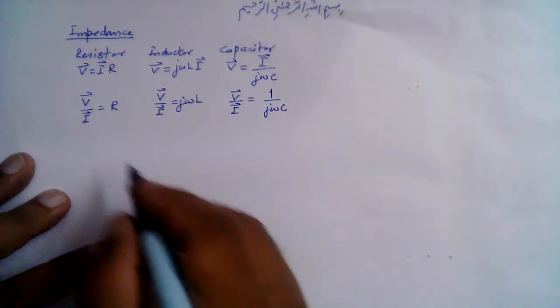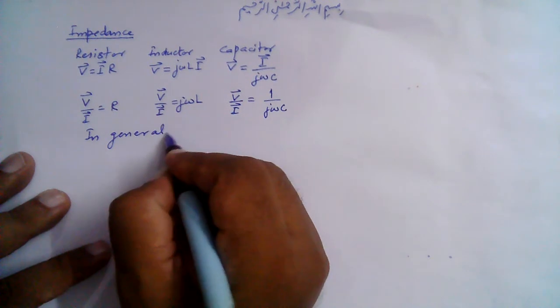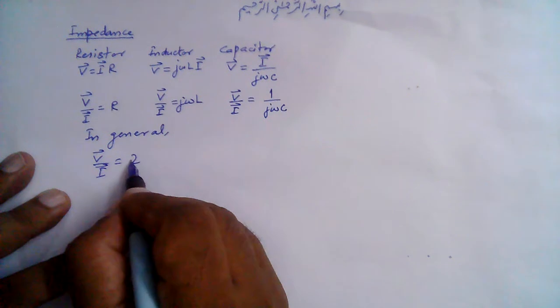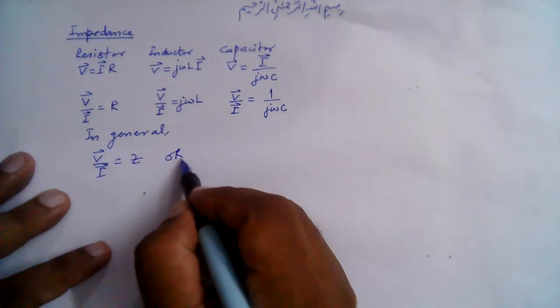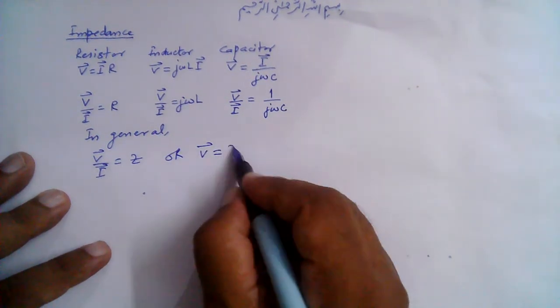So in general, this can be written as V over I is equal to Z, or V is equal to ZI.